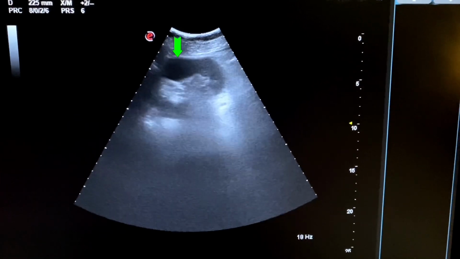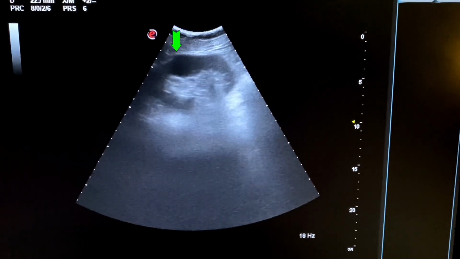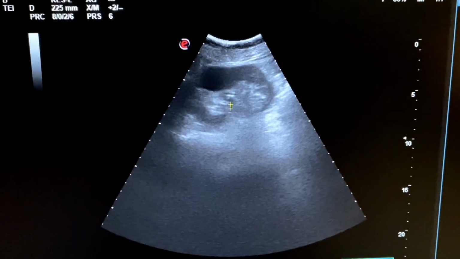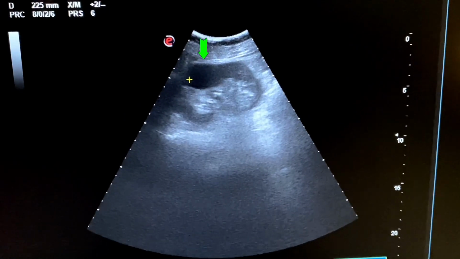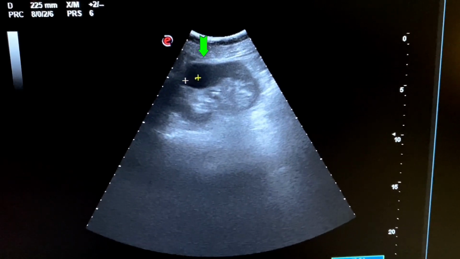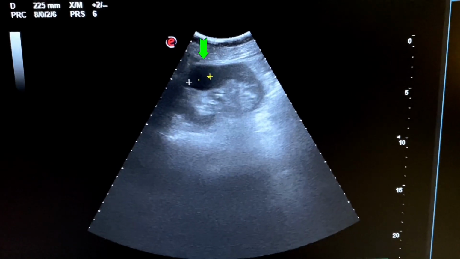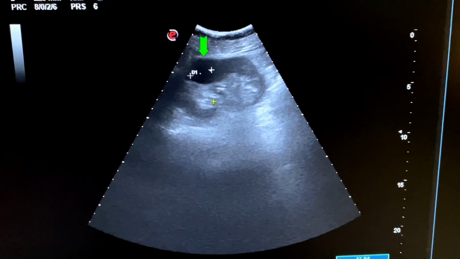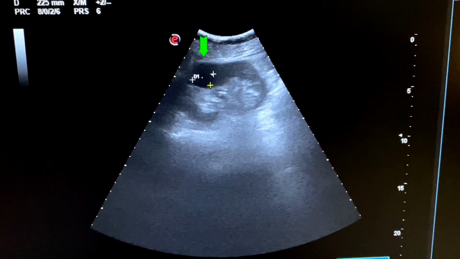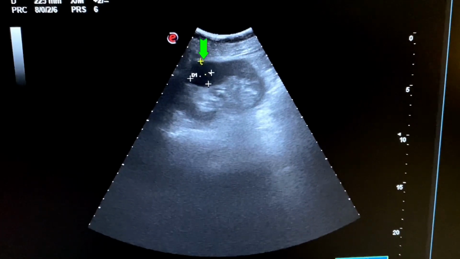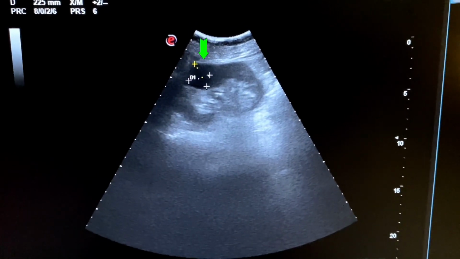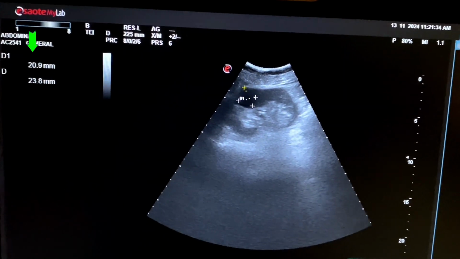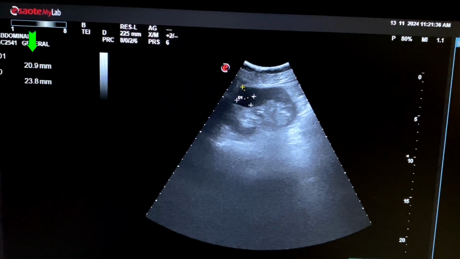No septation or debris is seen in the cyst. Now we will measure the size of the cyst. The size of the cyst is 20 by 23 millimeters.